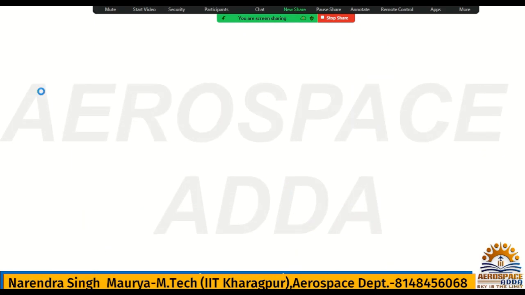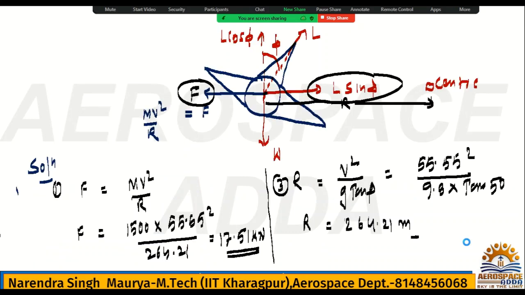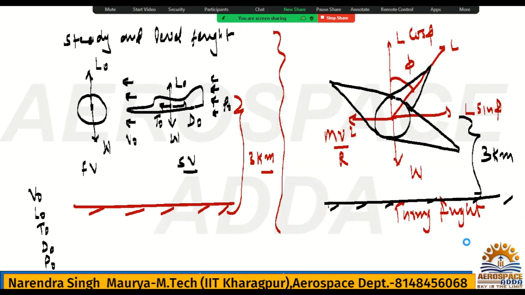Check, we can use this formula, fourth number formula, last formula. See, if you know load factor only, this is the load factor. Yes or no? If we know the load factor, then this ratio we can use and we can calculate all those values. Because one is steady level, another is turning parameter. So only if you know the load factor and the steady level value, then whatever the value will be during the turning, you can calculate by that formula only. Yes or no? That is our approach basically.